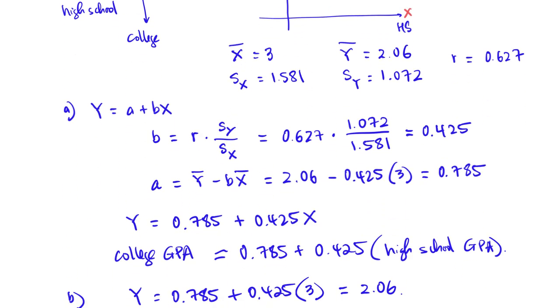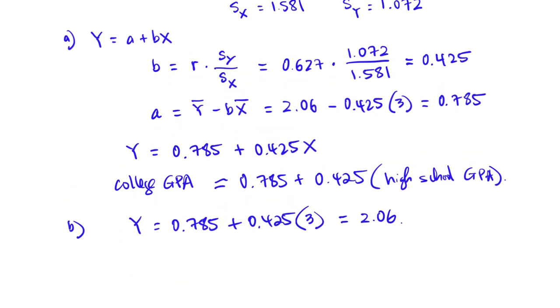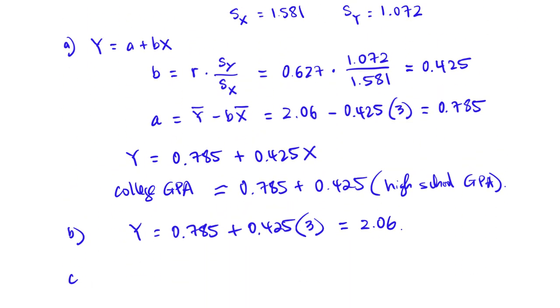The correlation coefficient is given, 0.627. And so the percentage of the variation is r squared. But again, r is 0.627. We just simply take r and square this. This is 0.393, or roughly 39%. This is the percentage of the variation.